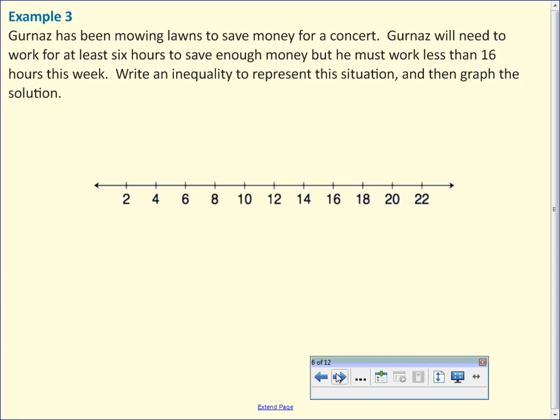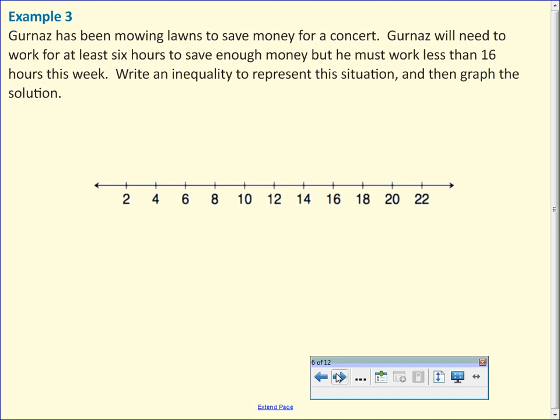All right, Gurnaz has been mowing lawns to save money for a concert. Gurnaz will need to work at least 6 hours to save enough money, but he must work less than 16 hours this week. Write an inequality to represent the situation, and then graph the solution. So first, let's write the inequality.